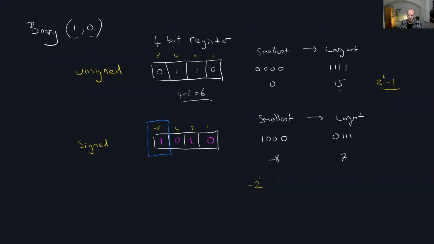Thank you very much. And then our largest, we kind of already worked that out. It's 7. So then we can have 2 to the power of 3 minus 1. Again, we've sacrificed this upper bit, so we actually lose a lot of numbers here just to be able to represent negative numbers. But now we at least have a sense. This is how we go about representing positive and negative numbers.